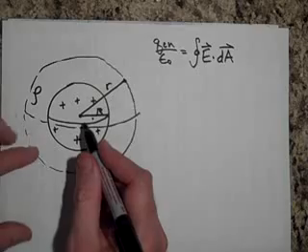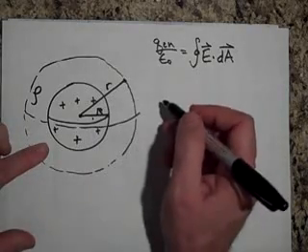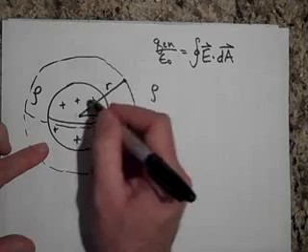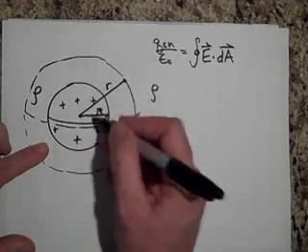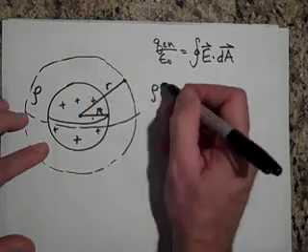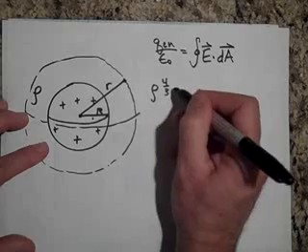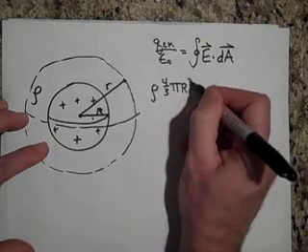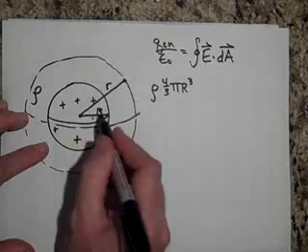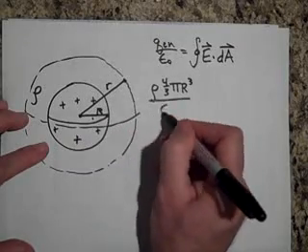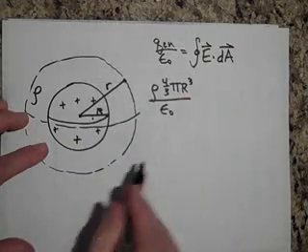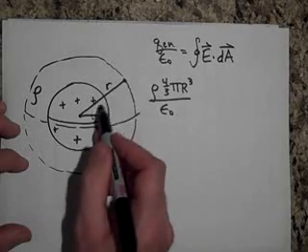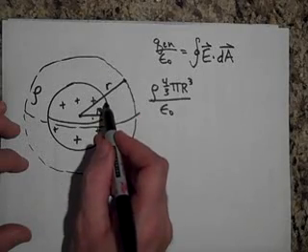Okay, the total charge enclosed is going to be rho times this volume now, the whole volume. So that's going to be 4/3 pi big R cubed, since this is big R, all over epsilon naught. See how that gets you the charge enclosed? See, the charge doesn't go out all the way to here, does it? It stops. The charge stops right there.